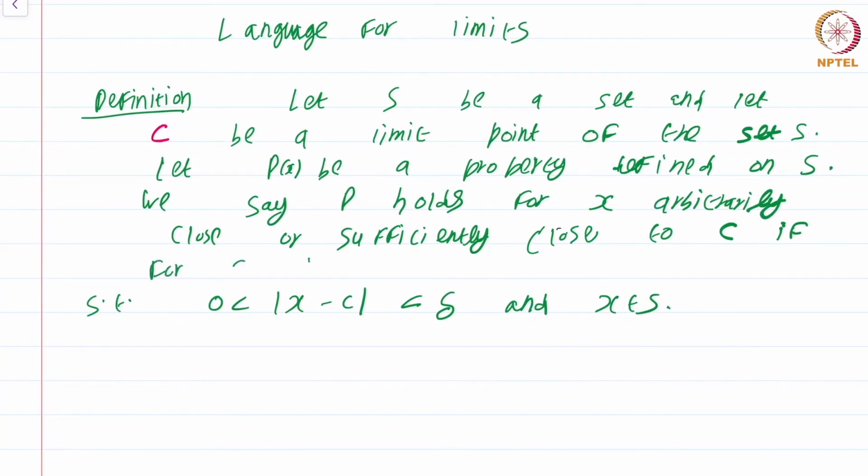If for some delta greater than 0, P(x) is true whenever 0 less than mod x minus C less than delta and x is in S. What this is saying is that you can make the property P true if you can find some delta such that P(x) is true whenever x is sufficiently close to C and x is coming from S. We don't allow x equal to C simply because C may not even be in this set.